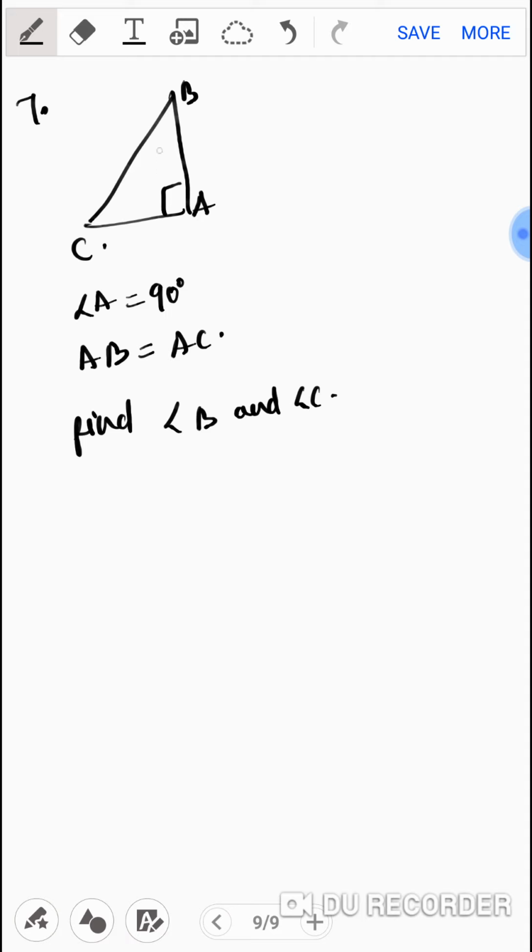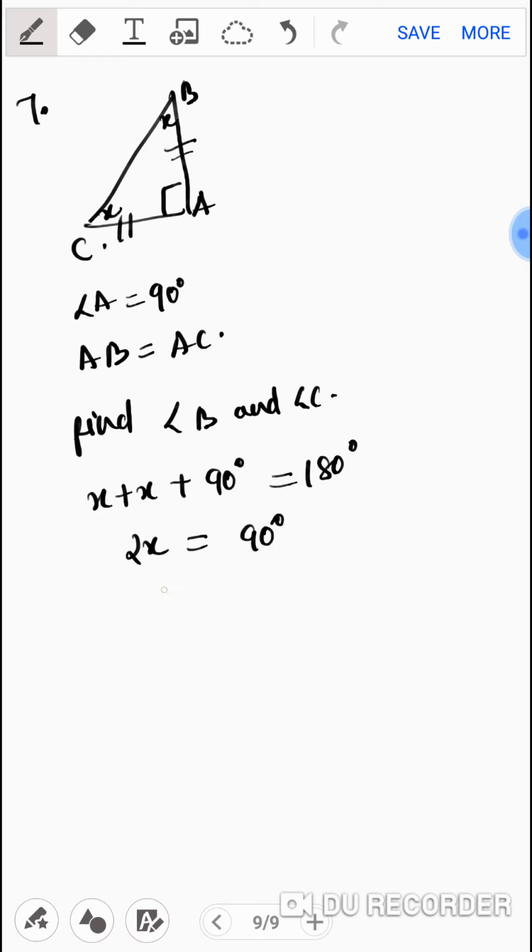Now if AB is equal to AC, can I keep these angles equal, base angles of an isosceles triangle? So can I write x plus x plus 90 degree is equal to 180. So I'll get 2x is equal to 90, x is equal to 45. That means angle B is equal to 45, angle C is equal to 45. Clear?